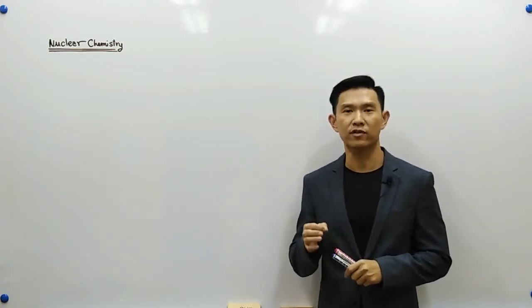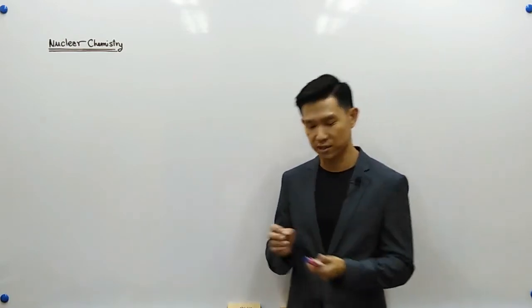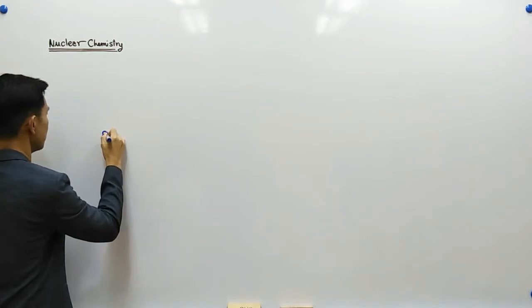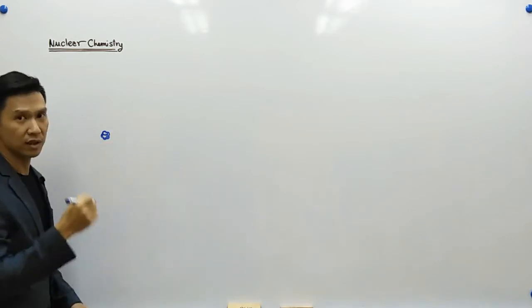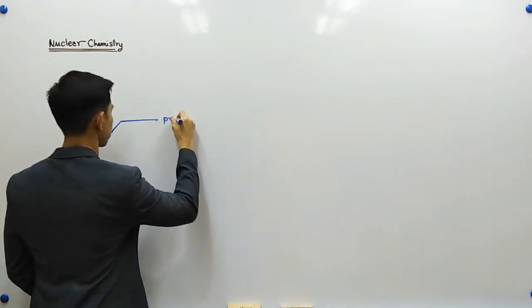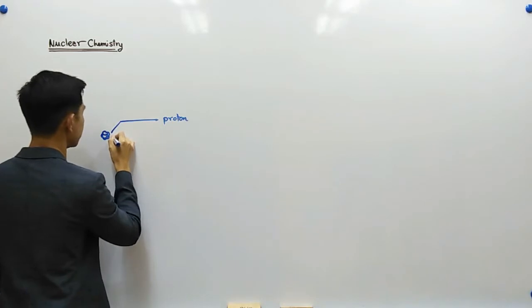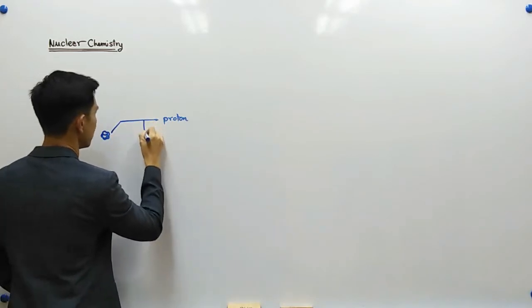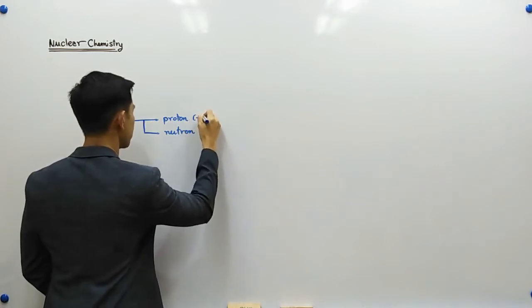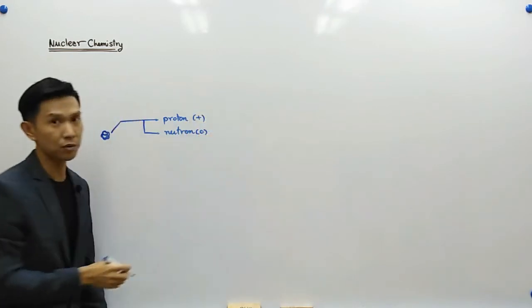So first of all, we have to understand what is inside the nucleus. And you know from high school that the nucleus is normally composed of two major things. First is the proton, and secondly there is the neutron. Proton is positively charged, neutron is neutral.